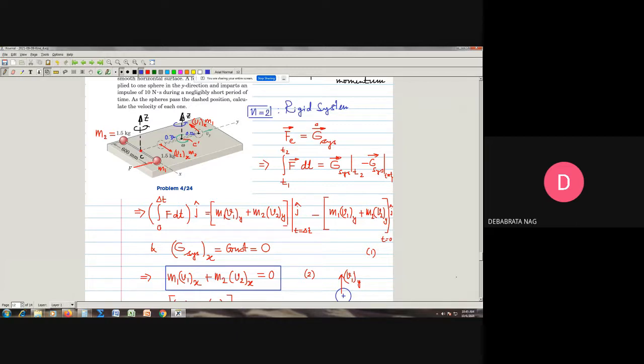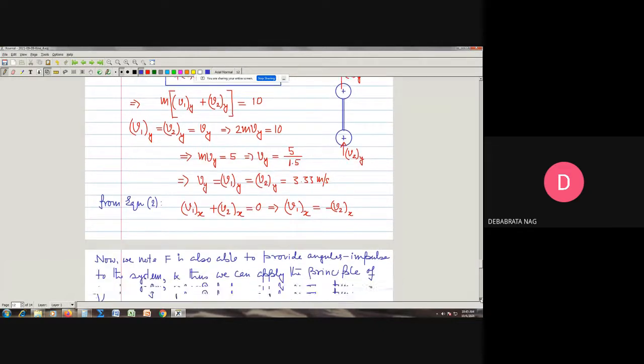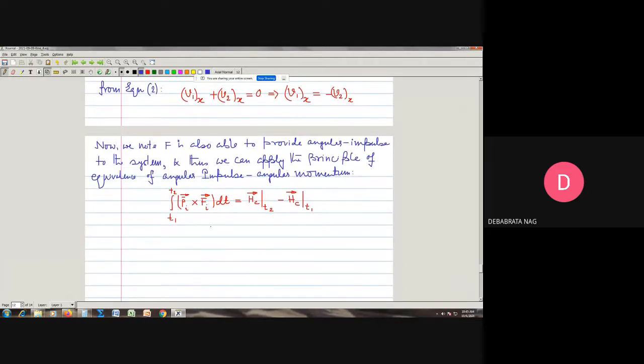So I write from this above equation, taking the component of the above equation about the z-axis.